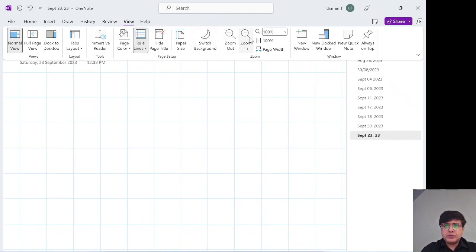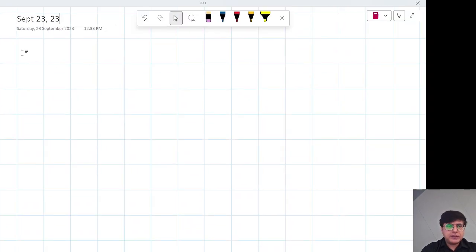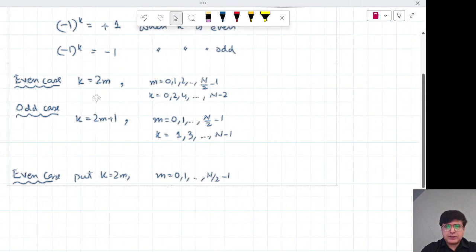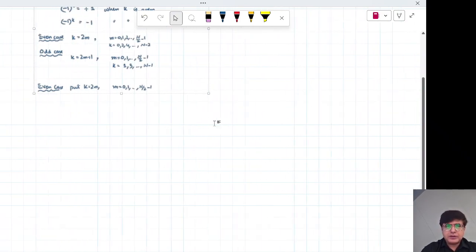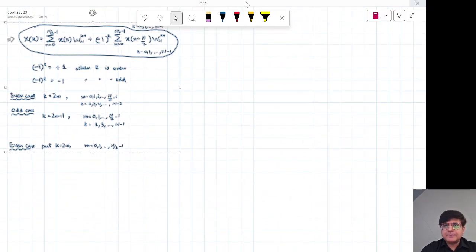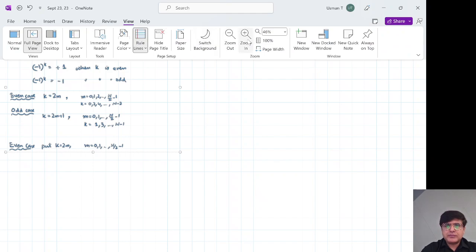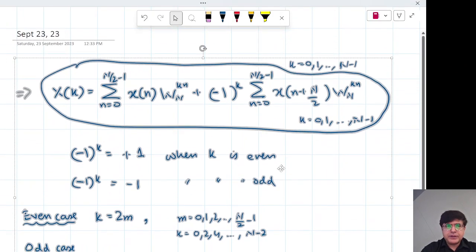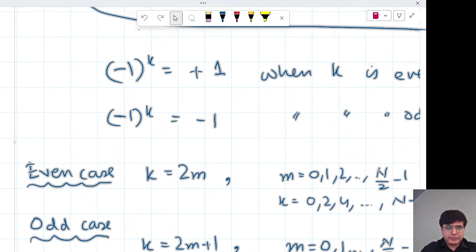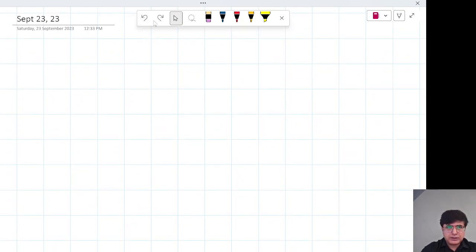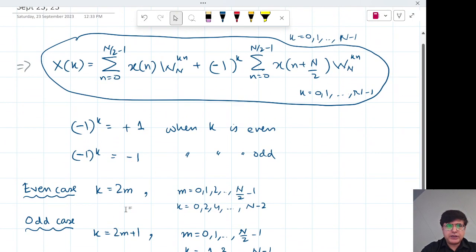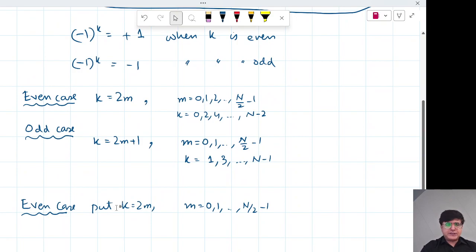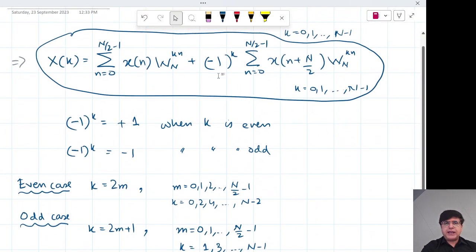I say view 100% and that's fine. So I just brought this stuff from the previous set of notes, right. So I'll just have a look at this expression. I'll just replace k with 2m, right, and I'll simplify this.